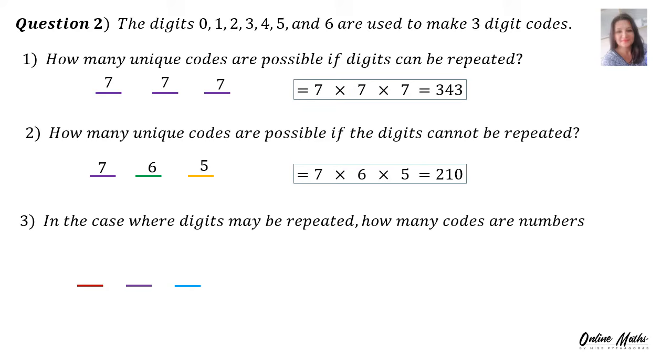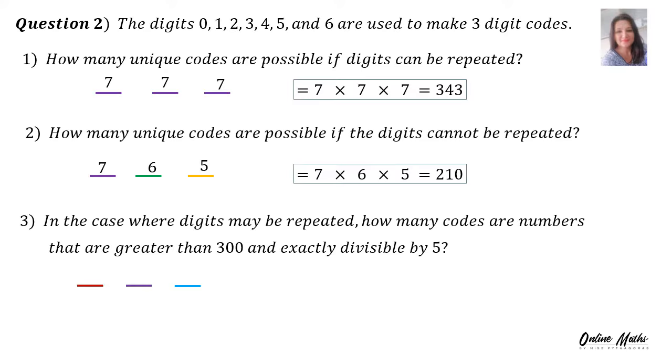Question 3. In the case where digits may be repeated, how many codes are numbers that are greater than 300 and exactly divisible by 5? Now this means the numbers have to be greater than 300, and that implies that the number has to start with a 3, 4, 5, and 6.